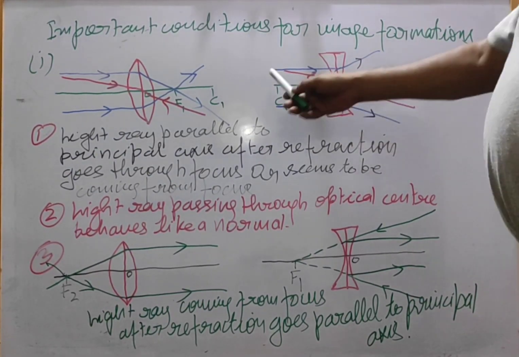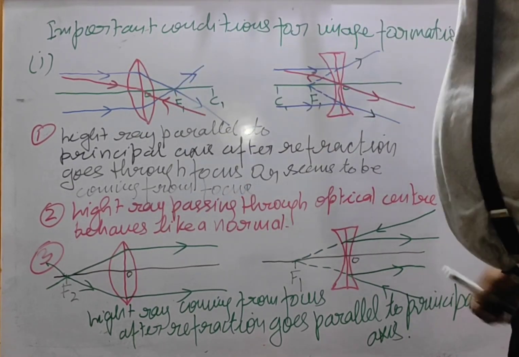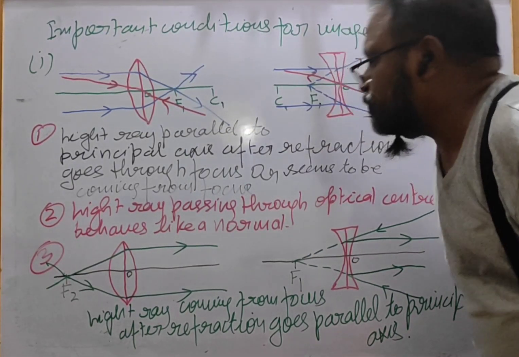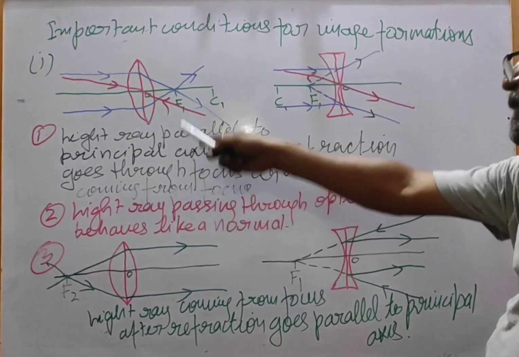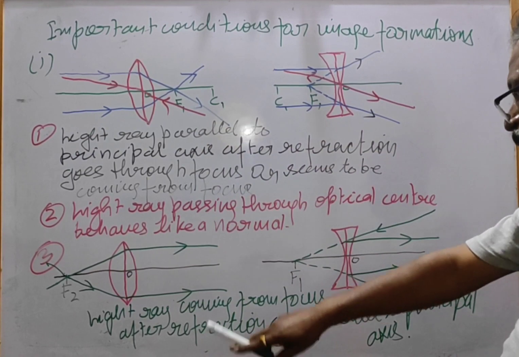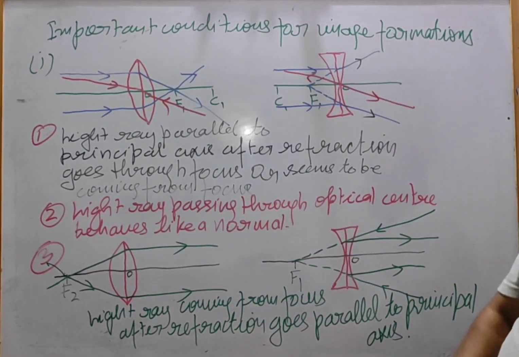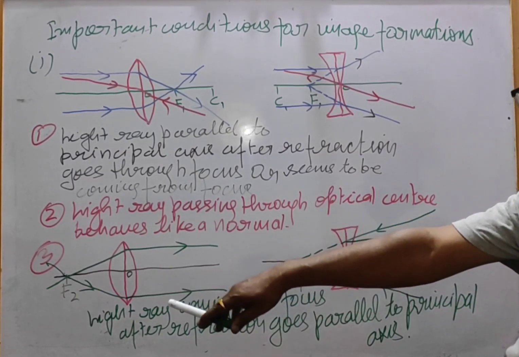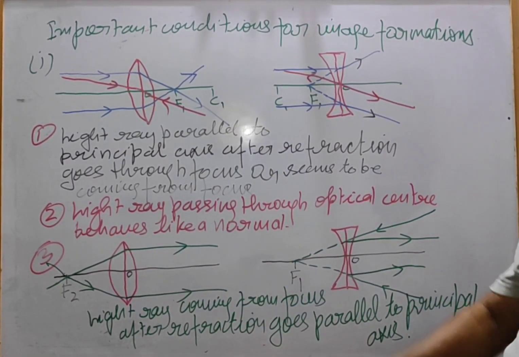So what I told you, there are three conditions: light ray parallel to the principal axis after refraction goes through focus or seems to be coming from focus; light ray passing through optical center behaves like a normal; and light ray coming from focus goes parallel to the principal axis.